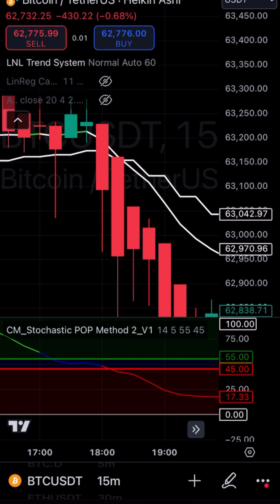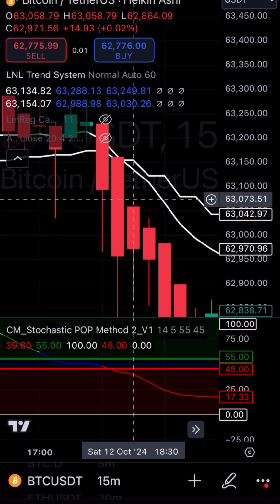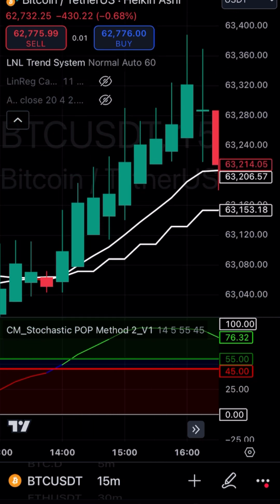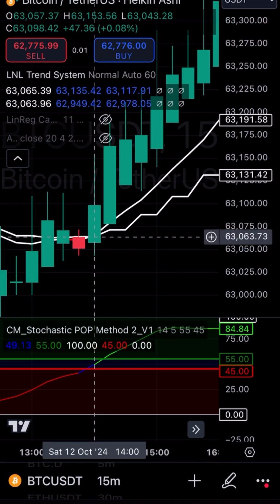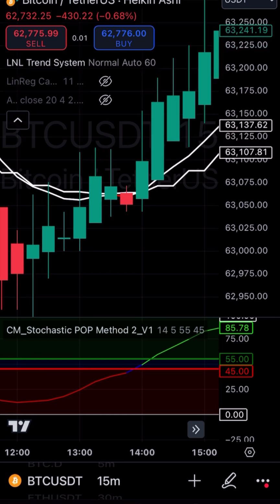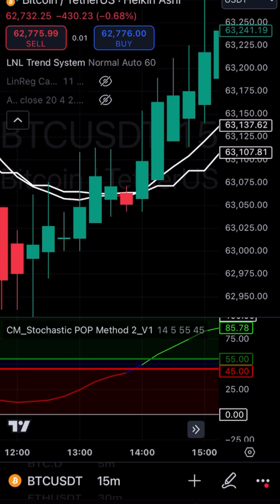You want to look at that line and see if it's crossing. You see that happen right about here, and it comes down. And you see it crossing here. You see it crossing here. You can ride that out. If there's any warnings beforehand, it crosses here.